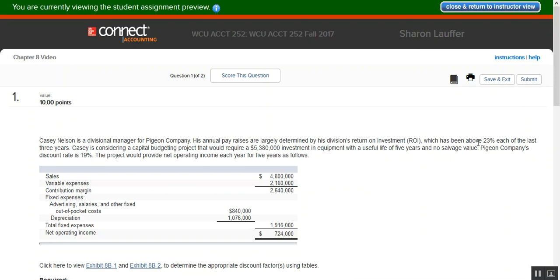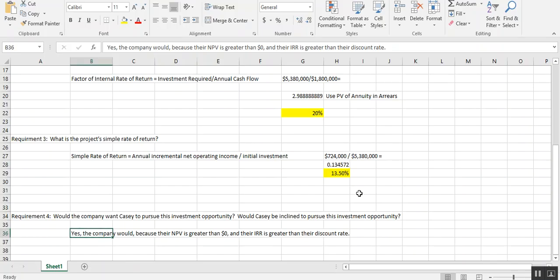If we look at the simple rate of return, and that's what we would be looking at in his mind, because the simple rate of return is the calculation that is going to most help us to figure out what the impact is going to be on the return of investment overall for the company. So it says the division's return on investment is 23%. And our simple rate of return that we calculated was 13.5%.